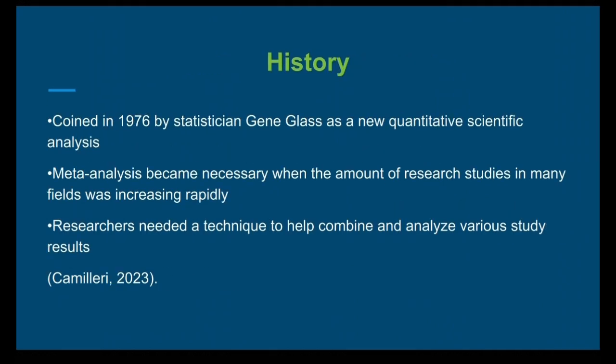The term meta-analysis was initially coined by Gene Glass, a statistician, in the year 1976. This method grew out of necessity due to an increase in research studies being published in many different fields. Researchers realized they needed a method that could help to collect and analyze many different sources of data to find connections and to generalize results.